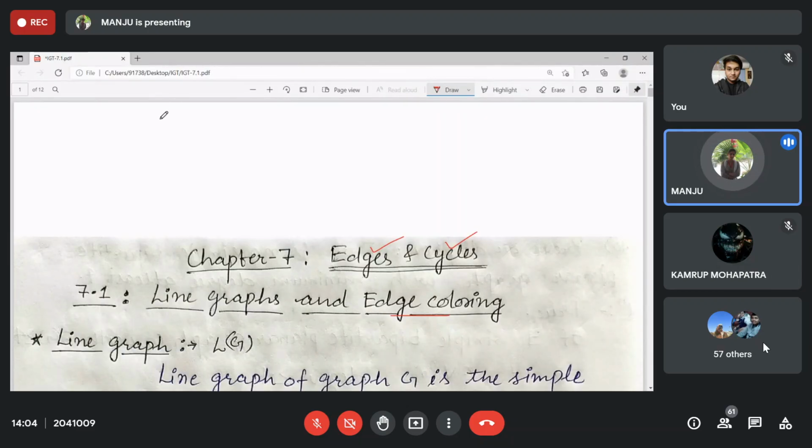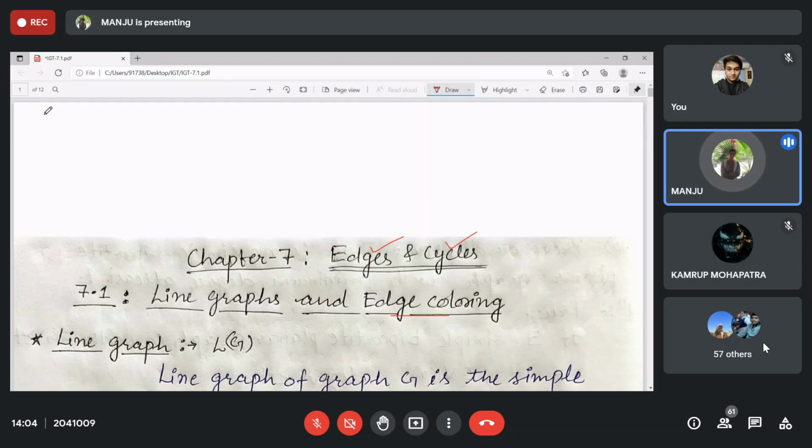the vertex coloring. Can you define it? Vertex coloring, proper coloring. Coloring is just assignment of colors to the vertices, right?